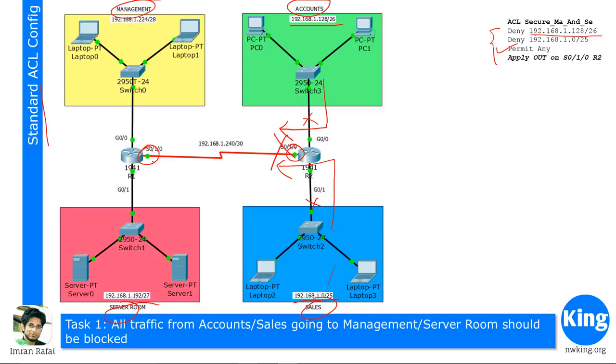So ideally it should be applied here, but I like applying it closer because I'm avoiding, I mean, like I said, in your network you have to avoid traffic, right? You don't want the same traffic to reach all the way here for this router to take a decision and say, okay, you guys are blocked. I can block it here as well. I can go to the out interface S0/1/0 on router 2 and say everything going out, block it.